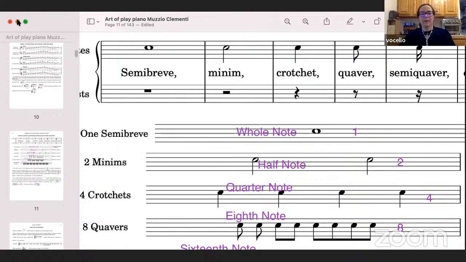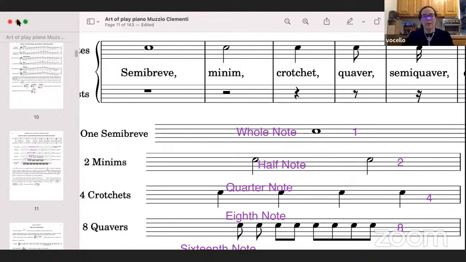Now let's play. Let's listen. It's in contrary motion, the scale of C major.